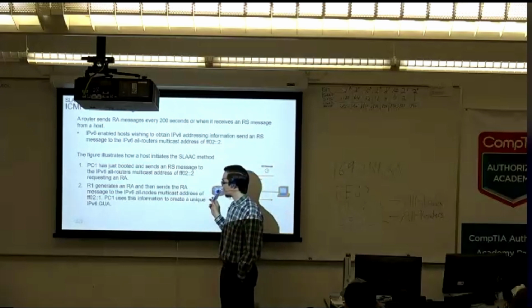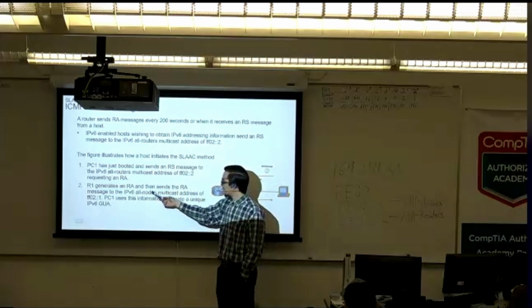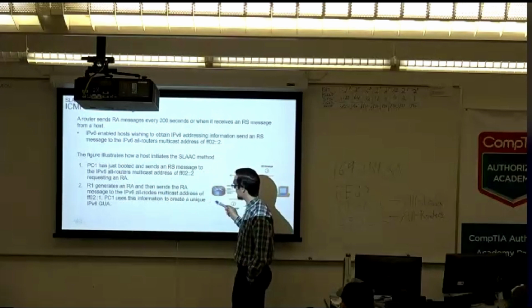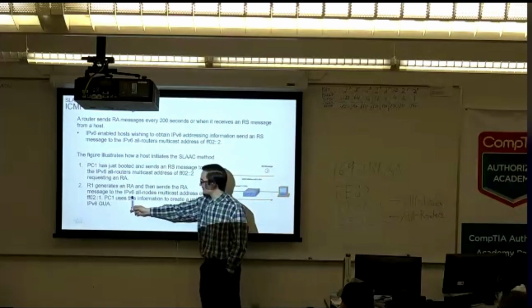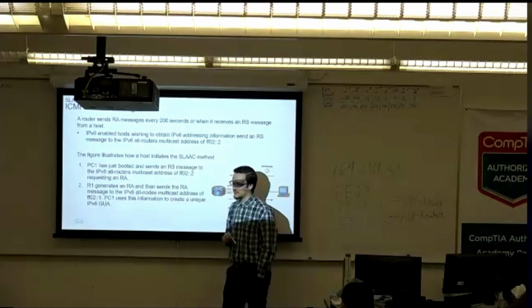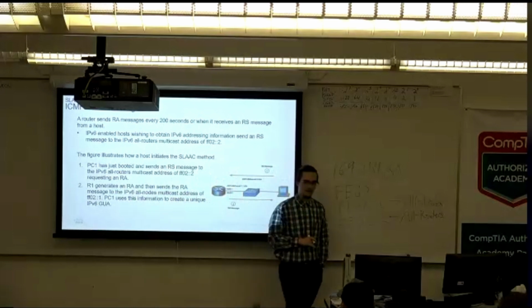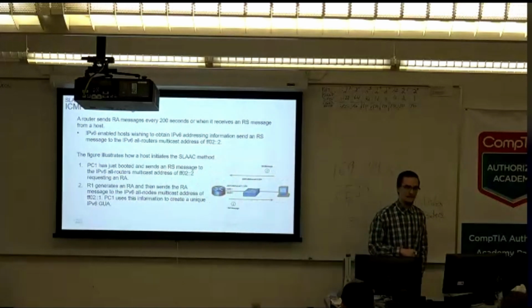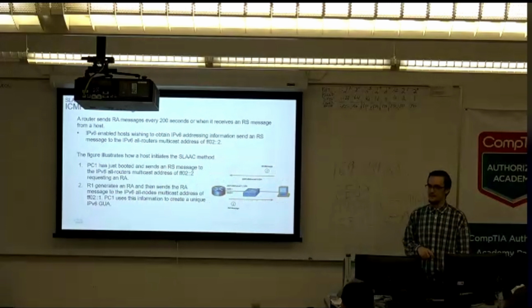But if R1, so according to this, R1 sends the RA after it gets the solicitation, but it sends the RA to the all nodes multicast address. Is that the most efficient thing to do? When I reply to one person, I address everybody. It's not the most efficient thing to do.